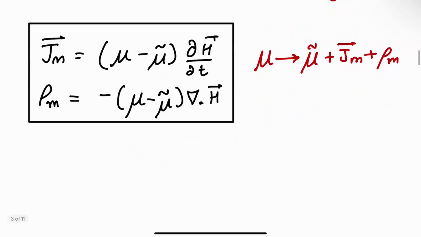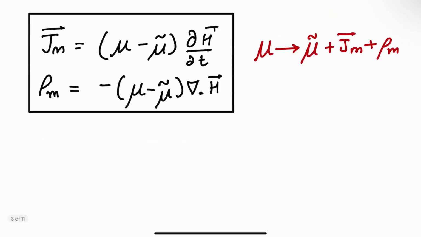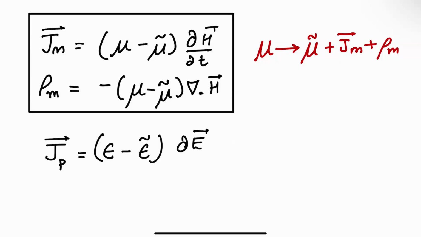Okay, and a similar thing that we can do is to replace epsilon with polarization currents and charges, which I'll say is J_p equal to epsilon minus epsilon tilde times dE/dt.